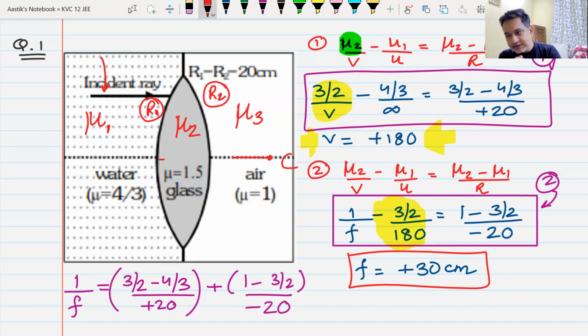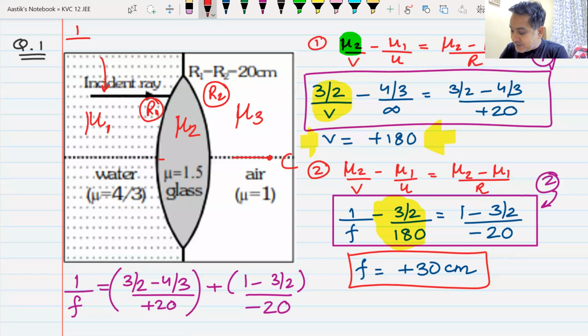That is as simple as this. With proper sign convention. Please see that r1 is positive and r2 is negative. Do we understand this? So the formula looks like this, and I will write it on the top here.